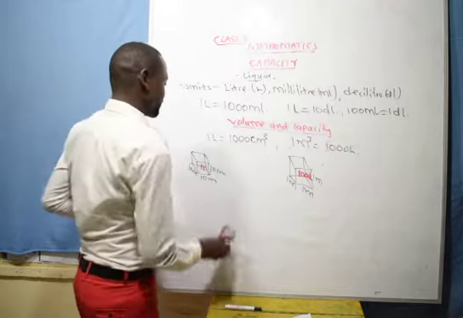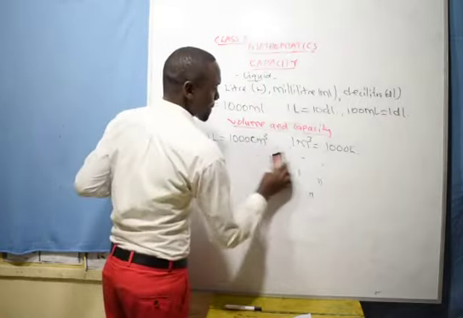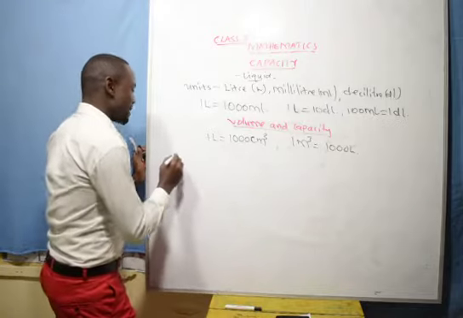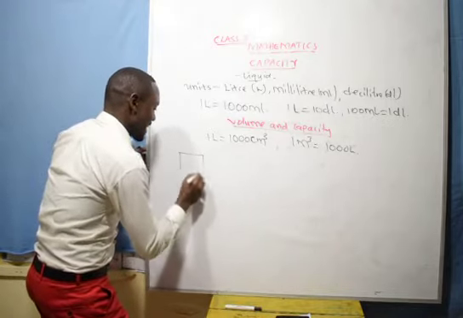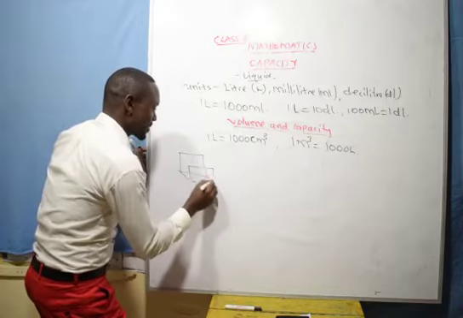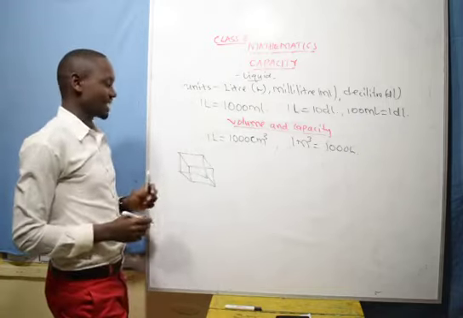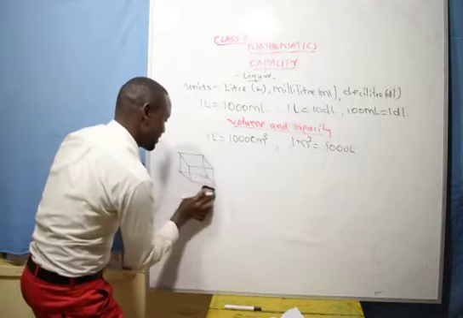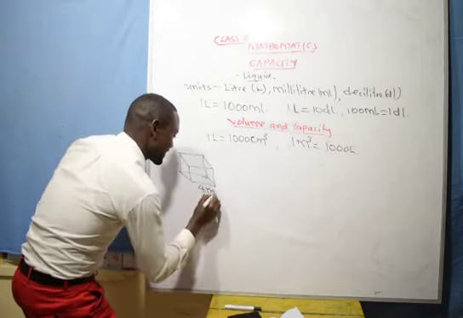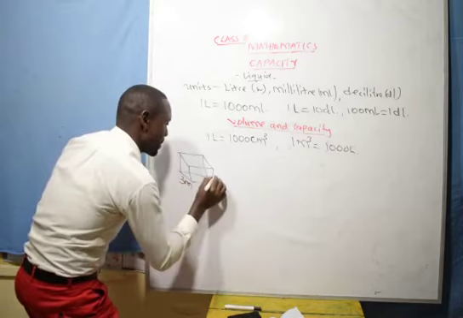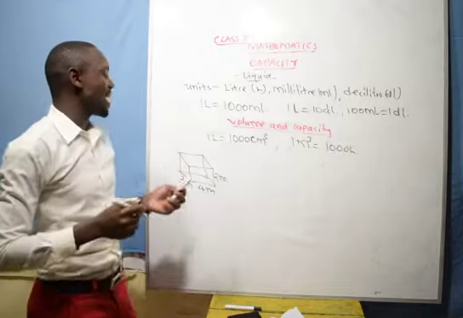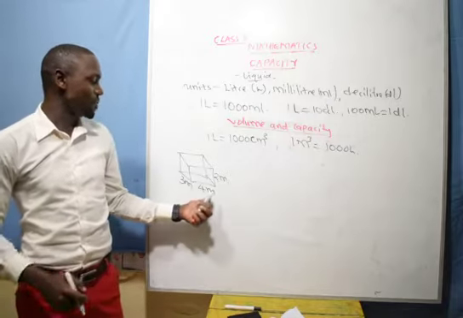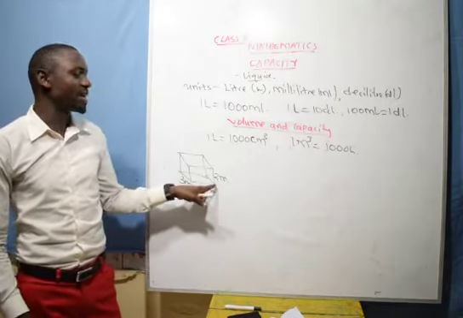An example. I want to give you one example. A rectangular water container measures 4 meters long by 3 meters wide by 2 meters high.